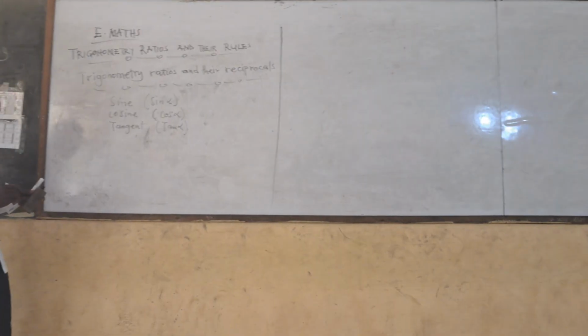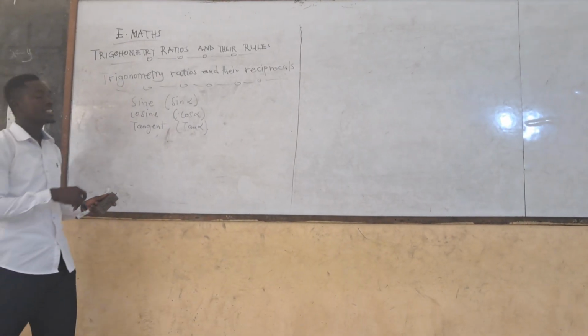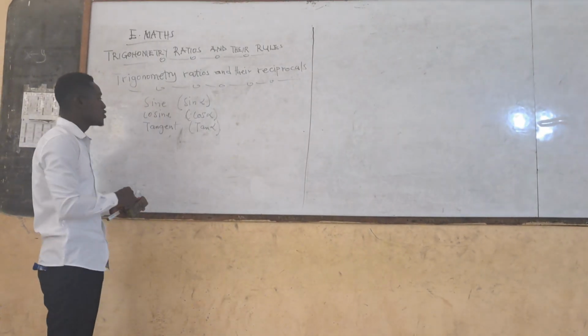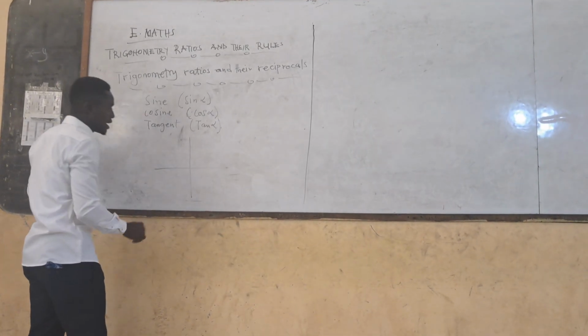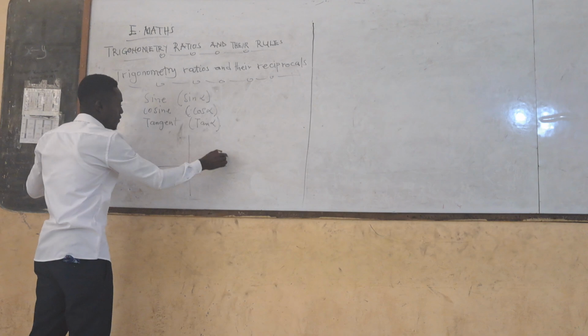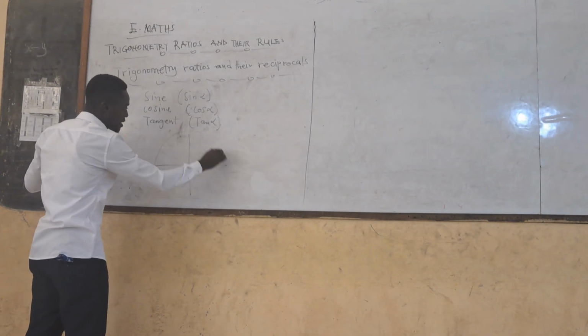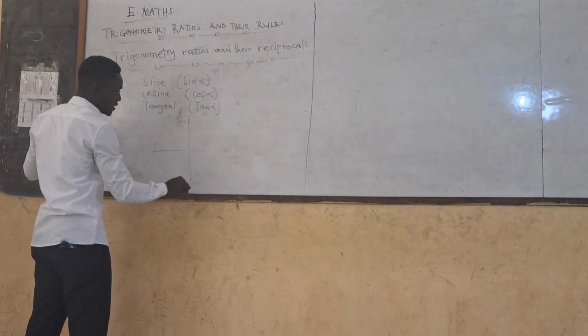Now, we are going to look at their ratios. Before we look at this, let's say we have a diagram with a circle like this.